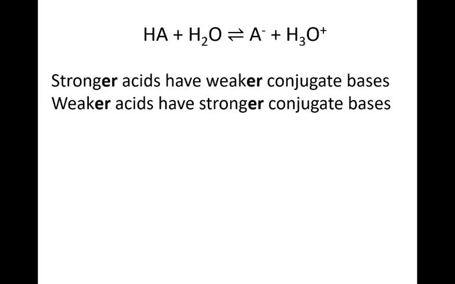And we can, once again, think about that in terms of equilibrium, and that the equilibrium is either going to be more toward the reactants or more toward the products. And so if it's more toward the reactants, that means that we have a weaker acid. So if we had a weaker acid, the base would be better at being a base.